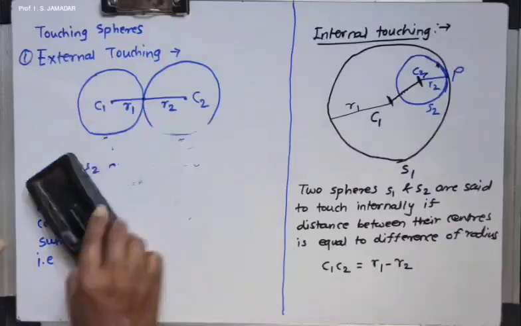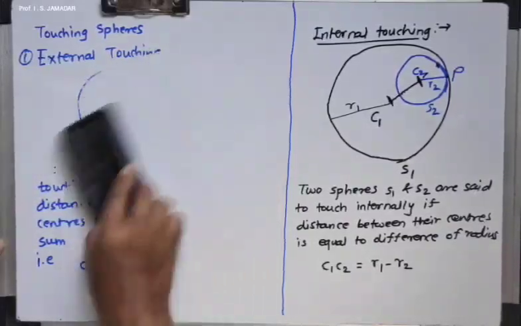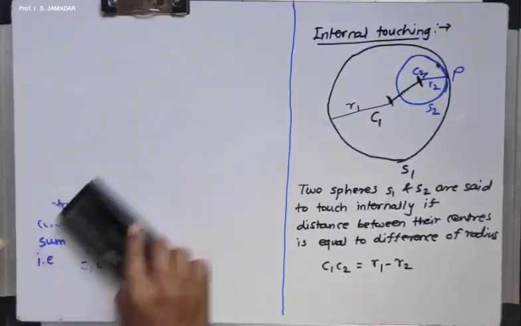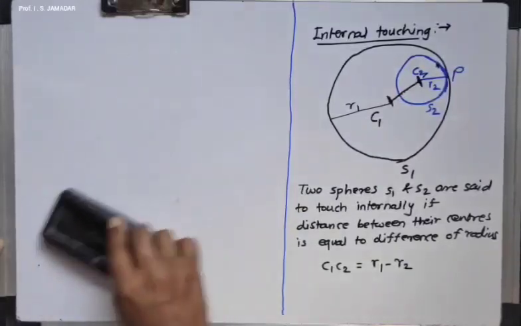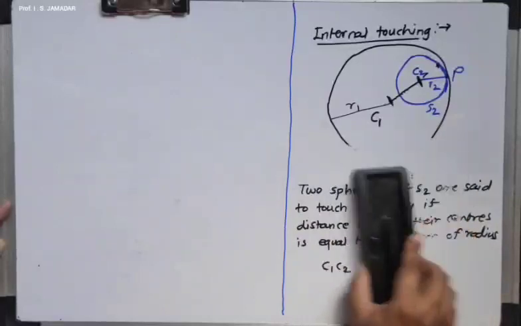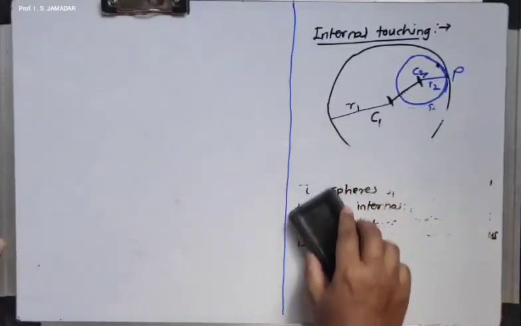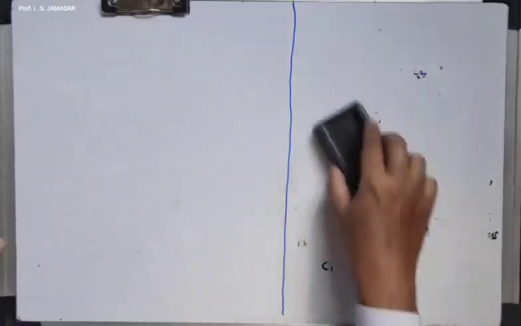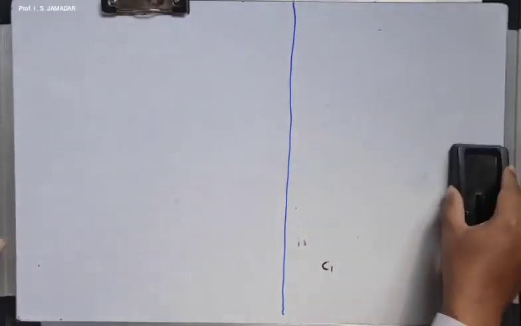Now we'll solve the example on this. In that we have to prove that the spheres are touching externally. So let us consider the example. Write down the example.